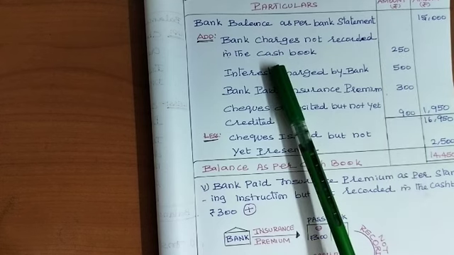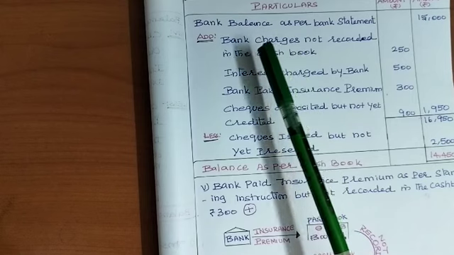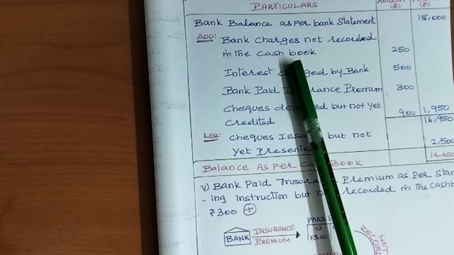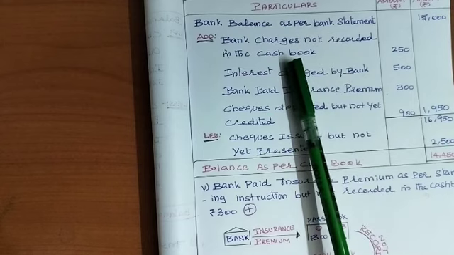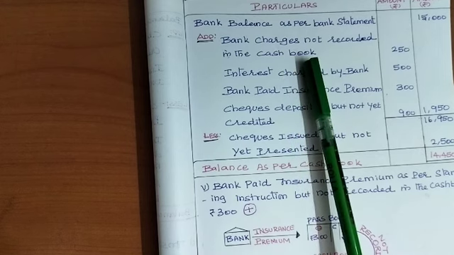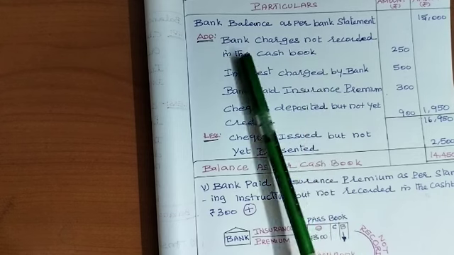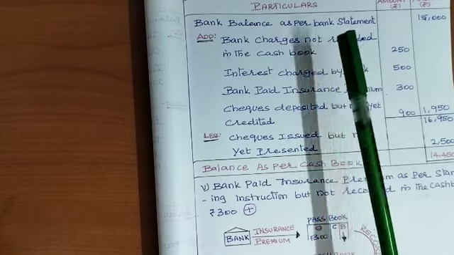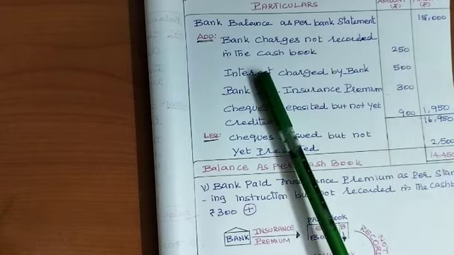Why? Because the business accountant doesn't know that the bank has taken the bank charges of 250 rupees, so no record is made in the cash book. Only after receiving the bank statement, when the business accountant comes to know about the bank charges of 250 rupees, will the cash book be decreased.